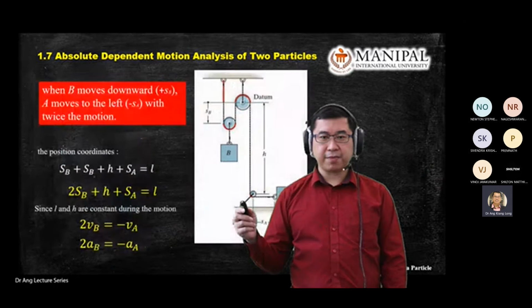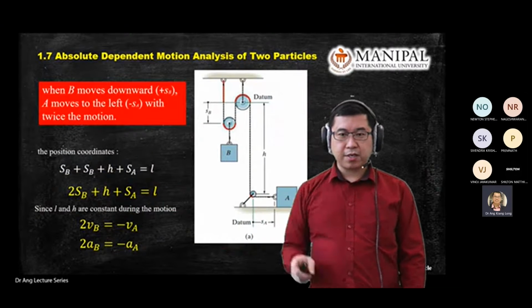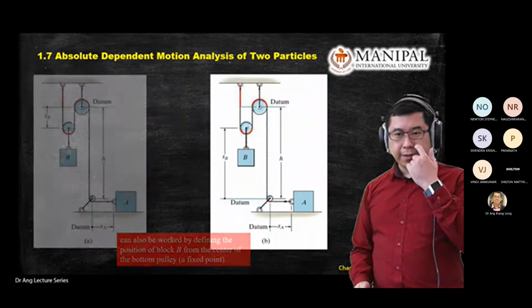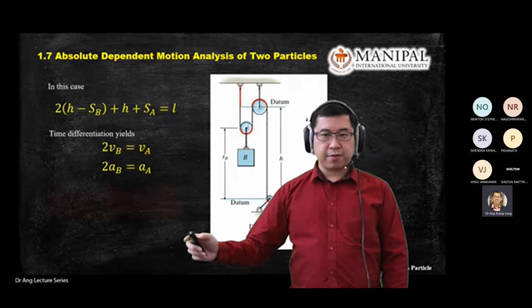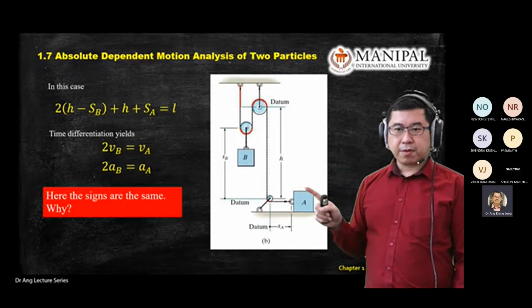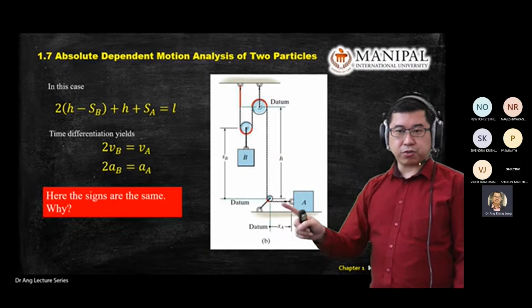In the earlier datum, in this set A example, you have a negative sign here. In set B, you get a positive sign for the motion between A and B because of the datum that you choose.